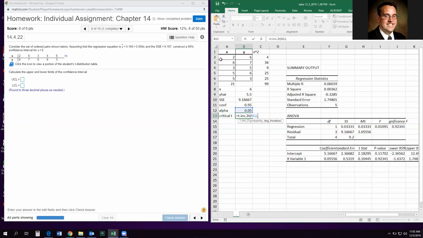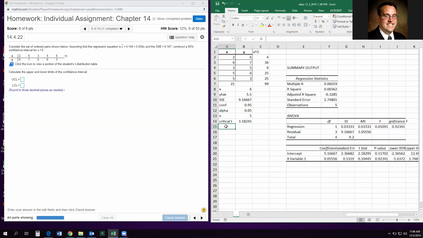So our n for this problem is 5, say 5 minus 2. Better yet, let me create a little more space here. Put in n. And then that way this is functioning as a calculator. Okay, so there's my critical t.